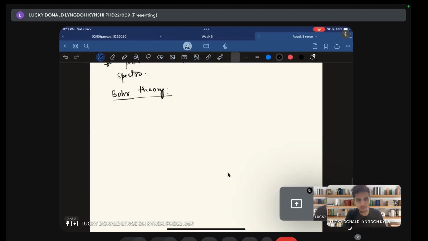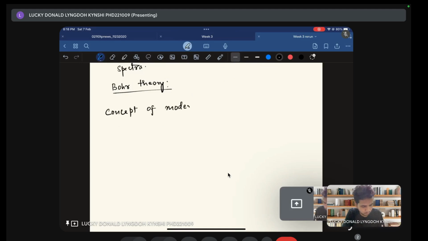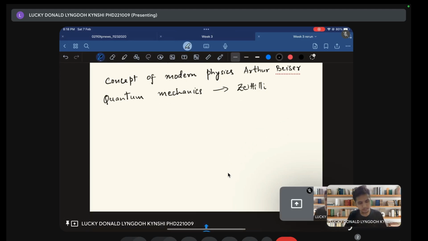I'll remind you again of the books I follow for all three lectures: Concepts of Modern Physics by Arthur Beiser, and Quantum Mechanics by Zettili.